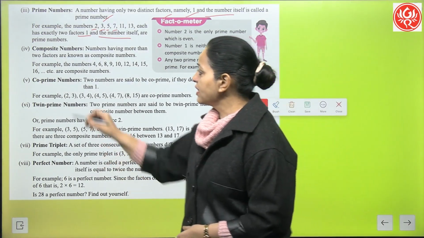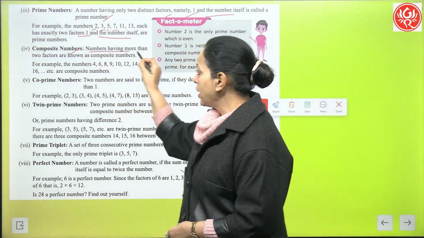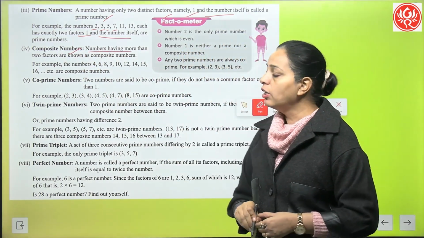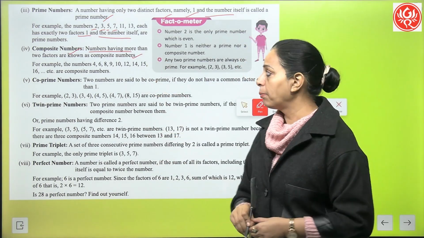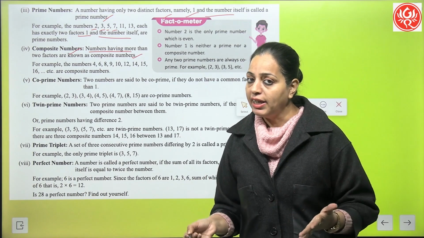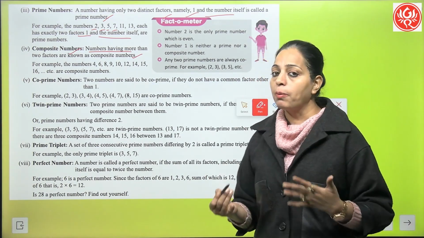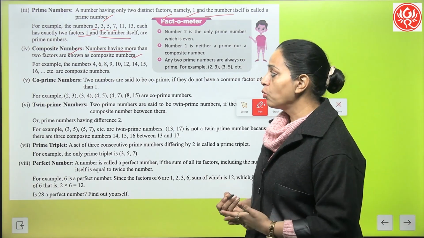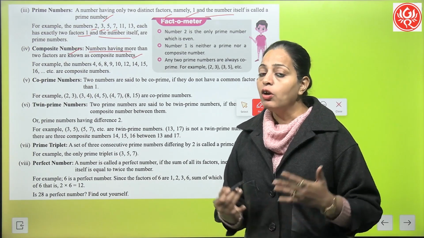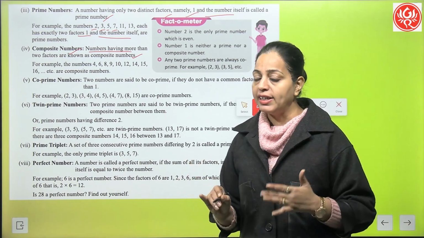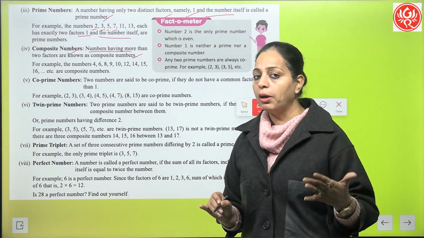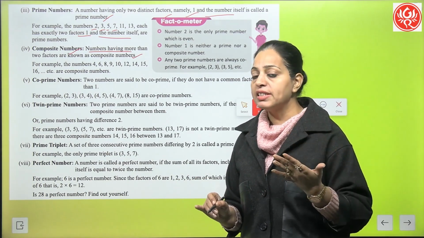Now the next is composite numbers. Numbers having more than two factors are known as composite numbers. यानी जो numbers prime नहीं हैं वो क्या हो जाएंगे? Composite numbers. Composite numbers के जो factors हैं वो 2 numbers से ज़्यादा हैं, यानी 1 and itself तो हैं ही, इसके अलावा कोई और नंबर भी उनका फैक्टर बन जाता है.